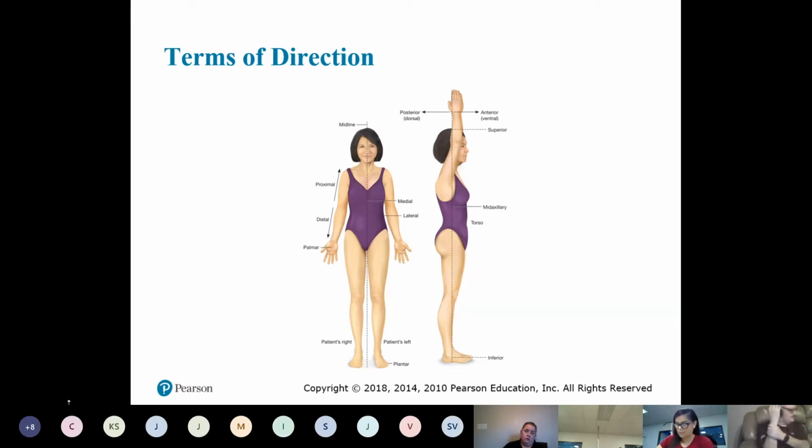So again, I suffered an injury to the medial aspect of my proximal forearm. So where's my injury? Tell me when to stop. I said I suffered an injury to the medial aspect of my proximal forearm.